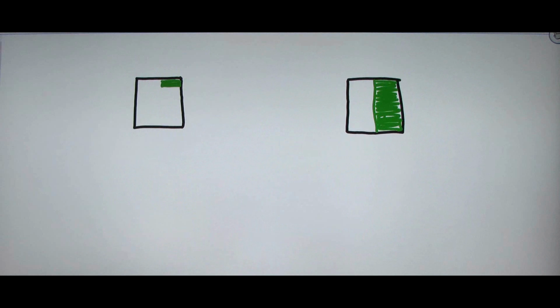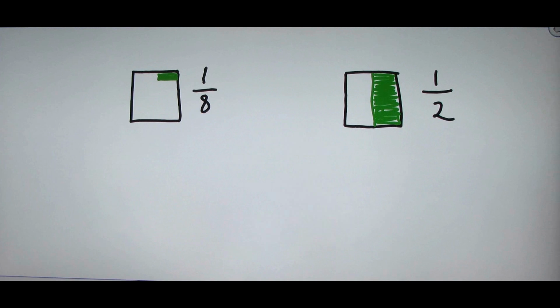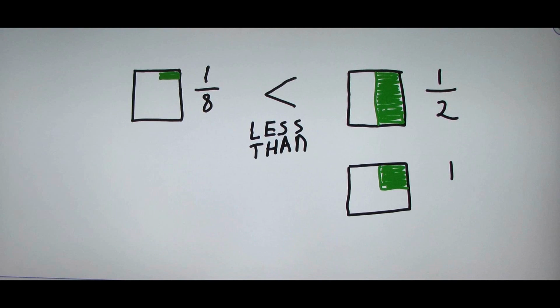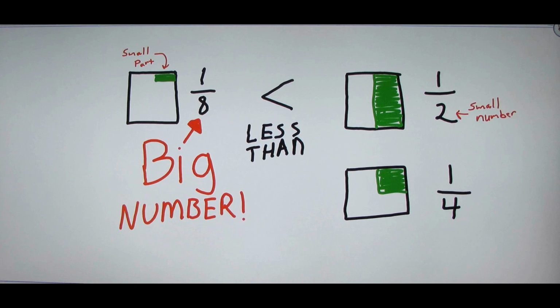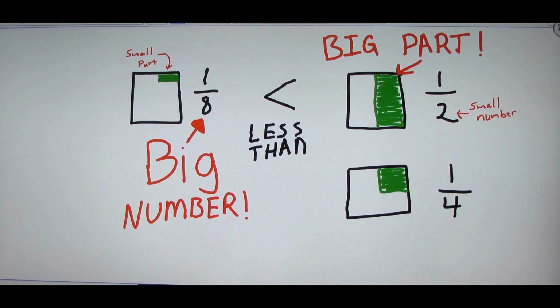This is why when we compare fractions, 1/8 is less than 1/2 and 1/4. It feels like 1/8 should be bigger because the 8 is a bigger number. But remember that fractions are made by cutting whole things into smaller pieces. And that bottom number represents how many pieces we have cut the whole thing into.